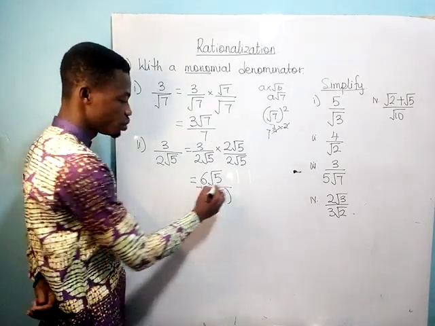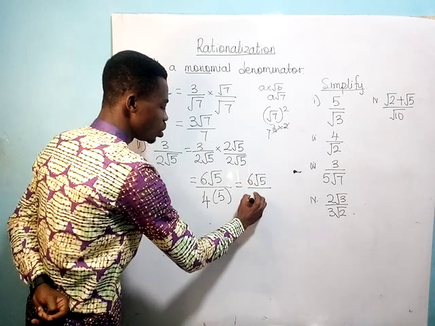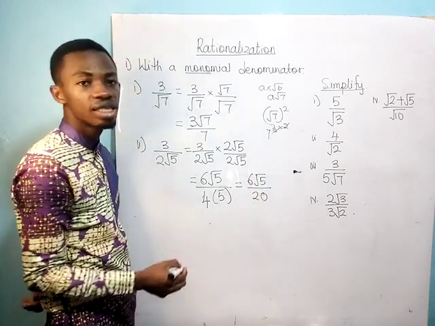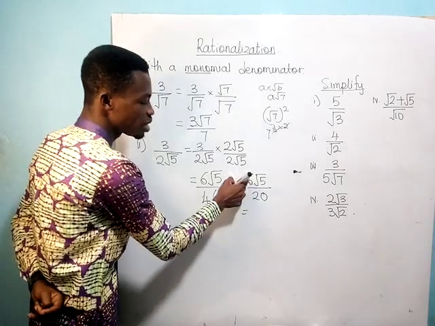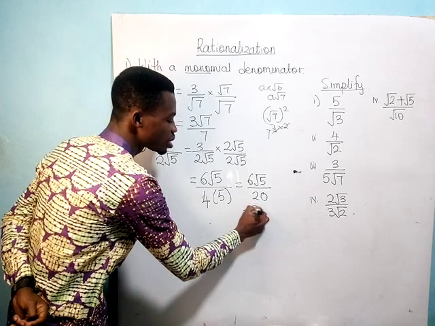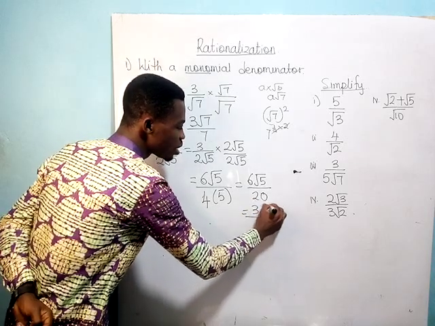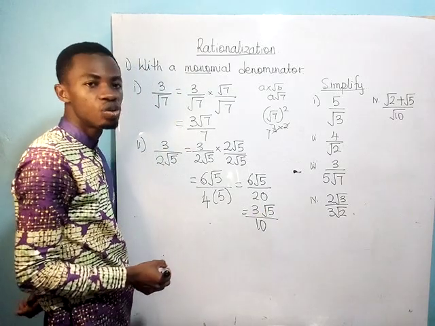Then we continue. We are going to have 6 root of 5 over 20. Now we can simplify the 6 and the 20. So 2 goes into 6 3 times, into 20, 10. So we have 3 root of 5 over 10.